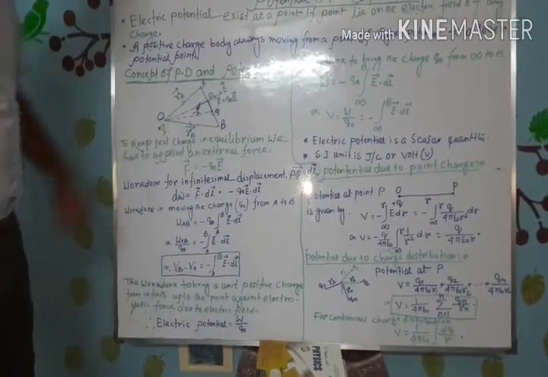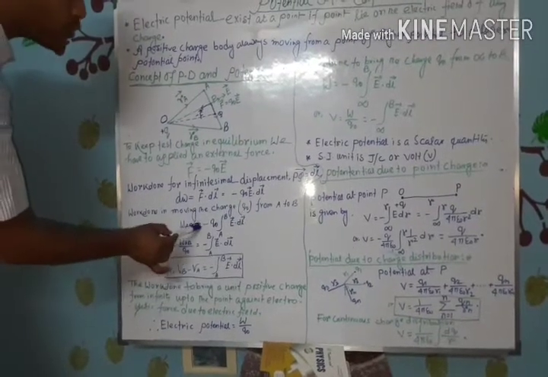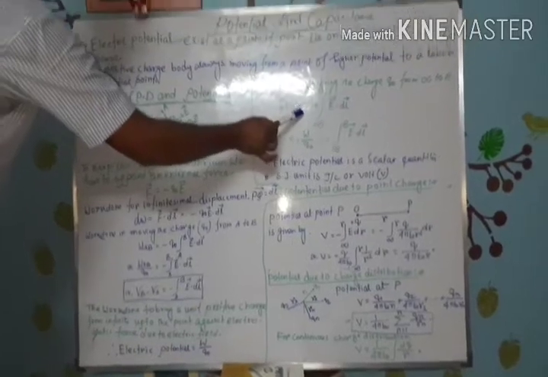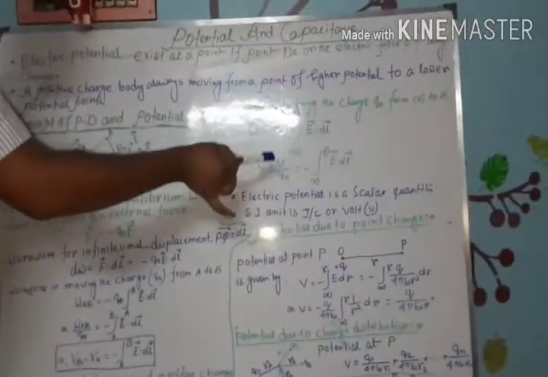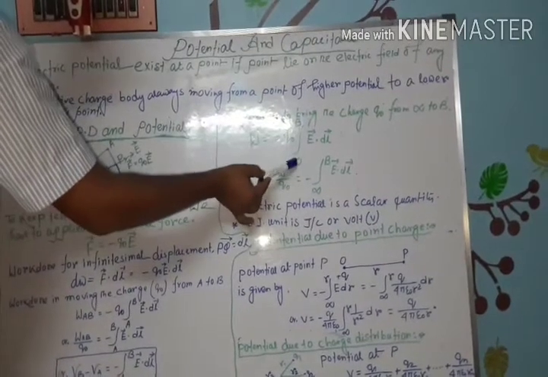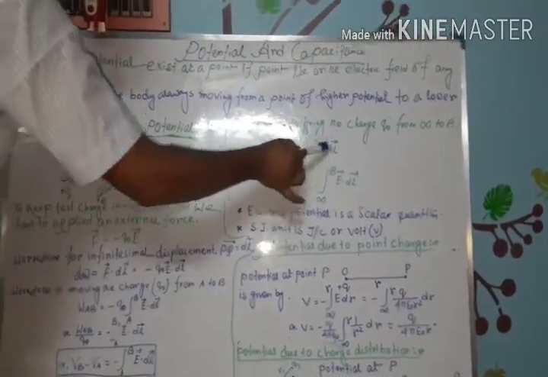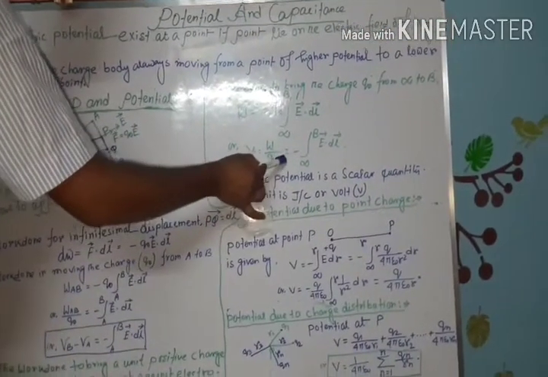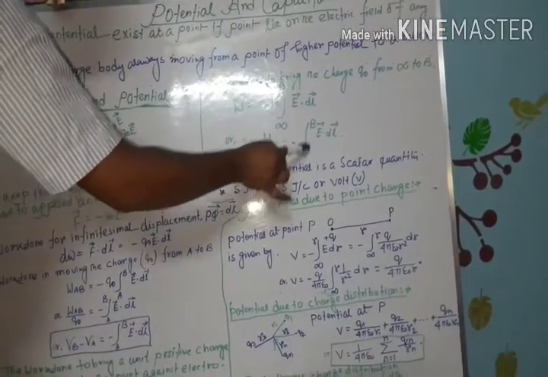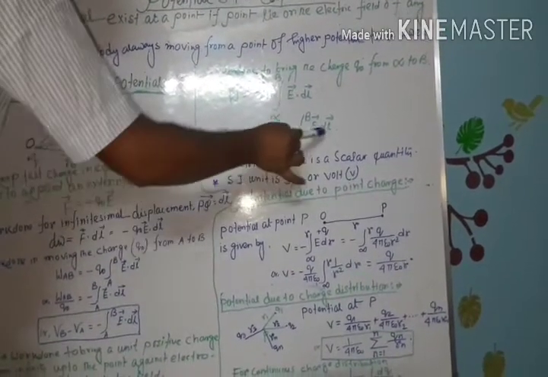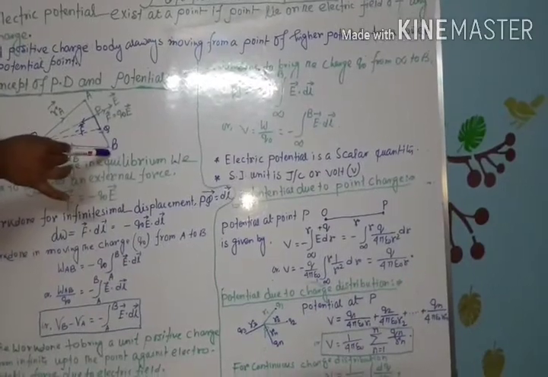So from the equation of work done we can write W equal minus Q naught, integration limit infinity to B, E vector dot dl, or V equal W by Q naught equal minus integral infinity to B E dot dl. So this is the expression for electric potential at the particular point B.